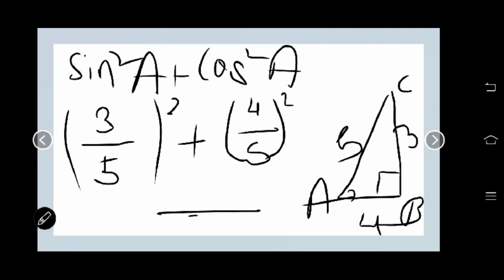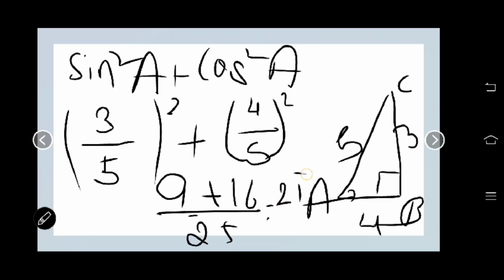You will get 5 square as common, so take 25, that is 5 square, in the denominator. 3 square is 9, plus 4 square is 16, so 25. What is it equal to? 25 by 25 is equal to 1. So sine square A plus cos square A is equal to 1. This is how you have to solve the questions.